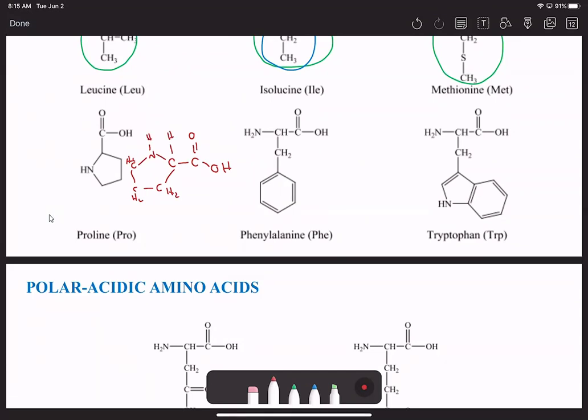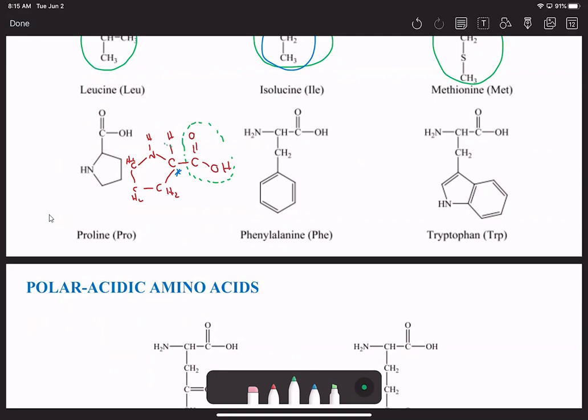I've just drawn it sideways to get a little better angle so we can notice this stuff here. So here is my carboxylic acid group, and this is my alpha carbon right here.